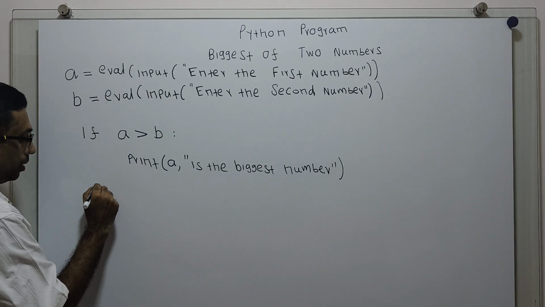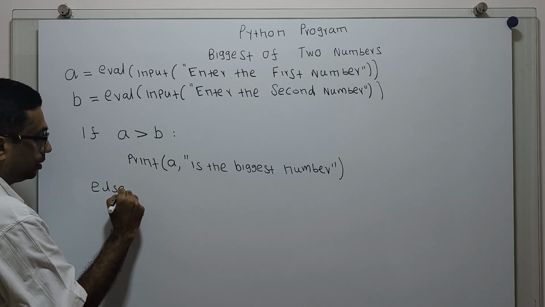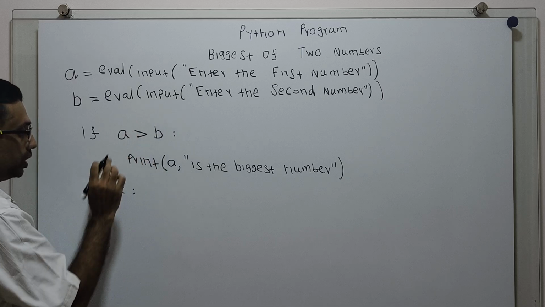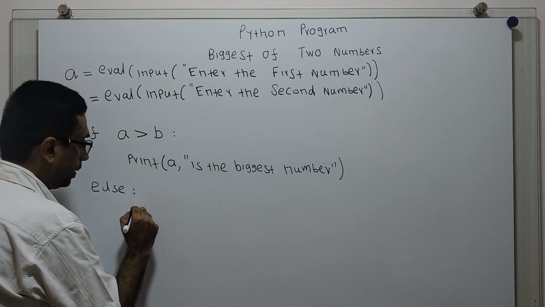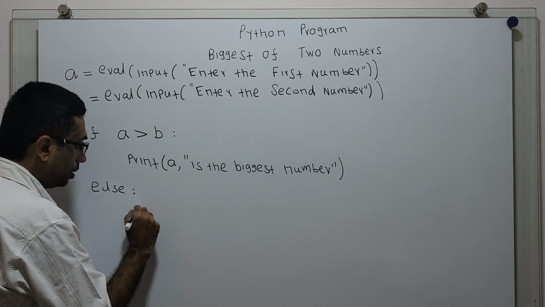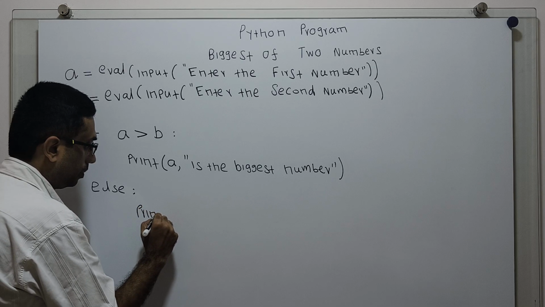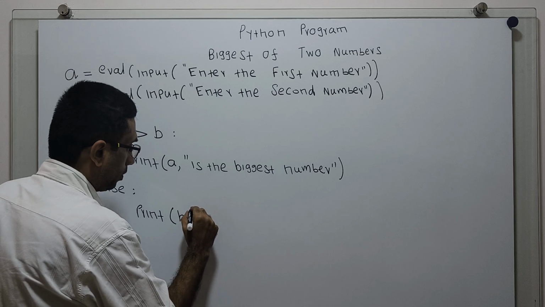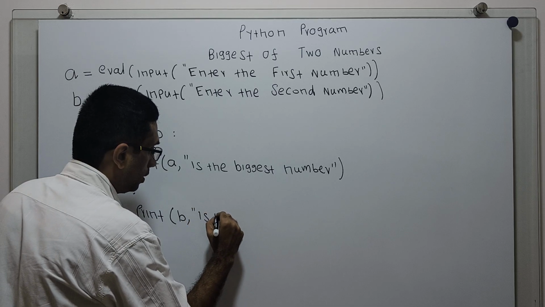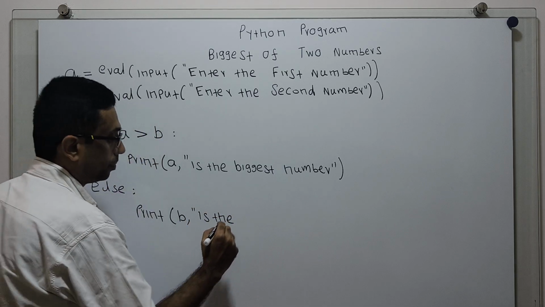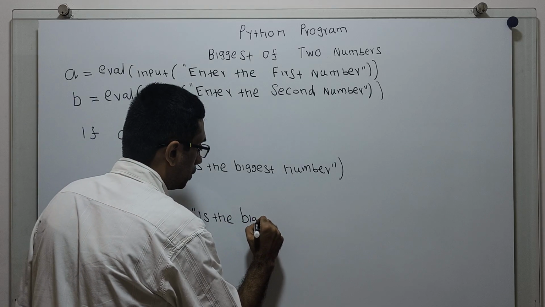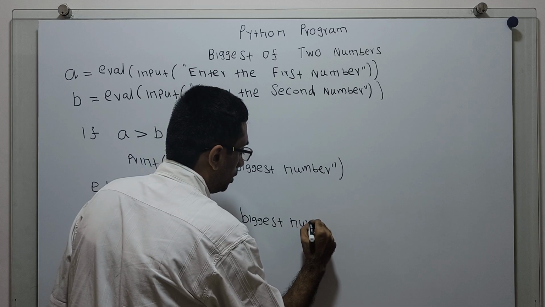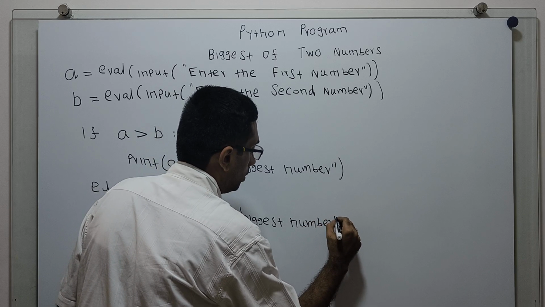Now I am writing an else block, else colon. If the condition is false, the control will transfer to the else block. Here I am writing a print statement with a tab space, print b, "is the biggest number".